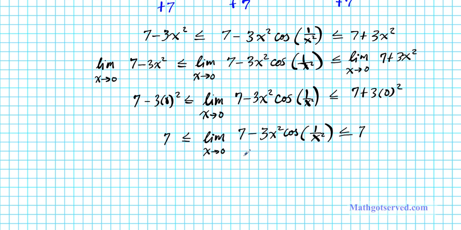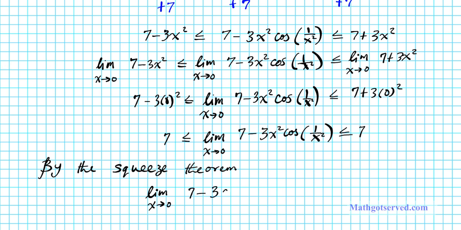So we just write down the conclusion: by the squeeze theorem, the limit as x approaches 0 of 7 minus 3x squared cosine(1 over x squared) is equal to 7. Okay? So that's that.